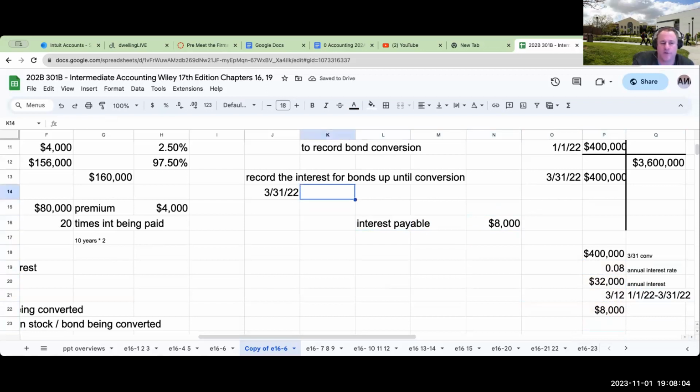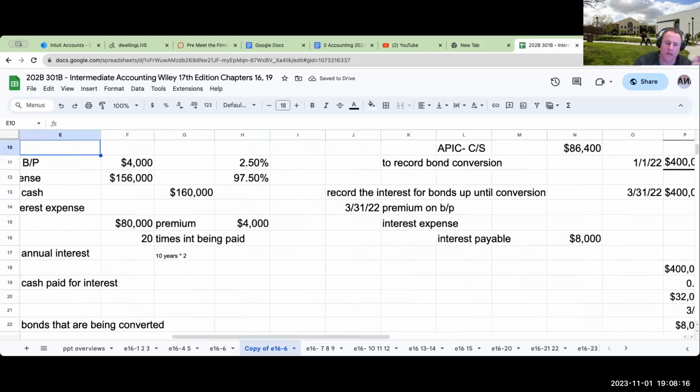Now, the other two components are going to be the premium on bond payable and then my interest expense. Since we're amortizing these straight line, this should have the same relationship. So I'm going to take the 8,000 and multiply it by the ratio. What are these ratios?